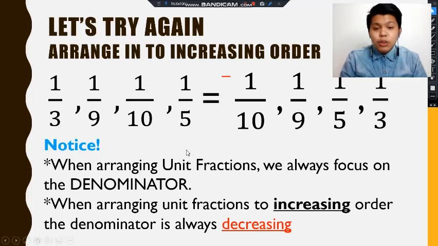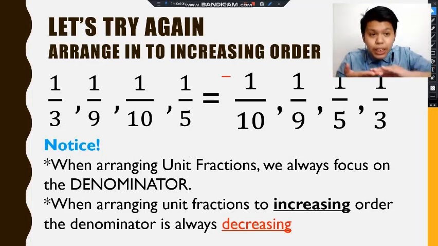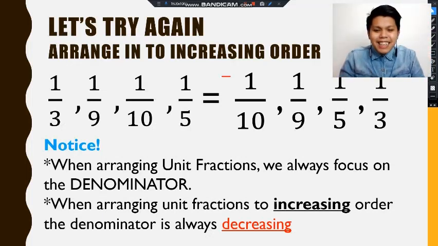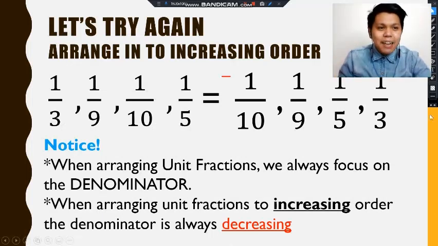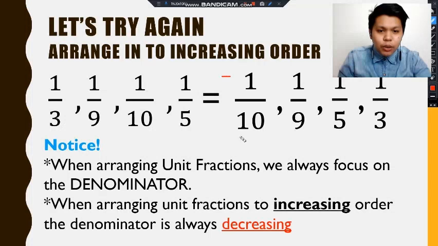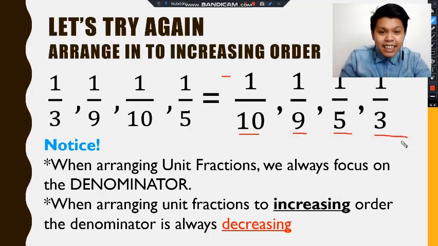When arranging unit fractions into increasing order, the denominator is decreasing. It's like an irony. Okay? So if you see, this is the increasing order, but the number of the denominator is decreasing. 10, 9, 5, 3.